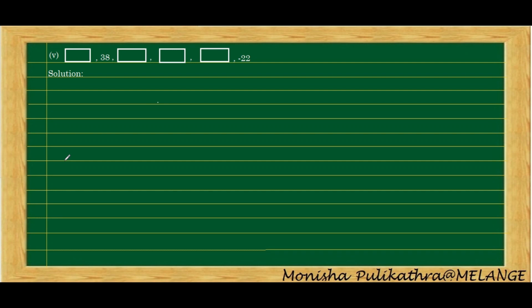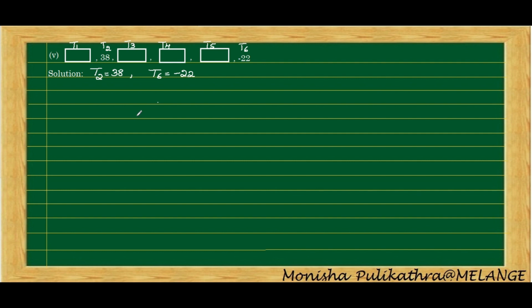So moving on to the last problem of this session. So the fifth problem. Here this is T1, this is T2, T3, T4, T5 and T6. So here the given terms are T2 is equal to 38 and T6 is equal to minus 22.